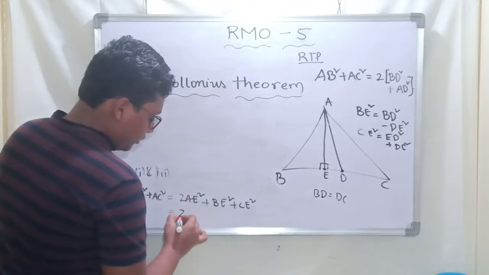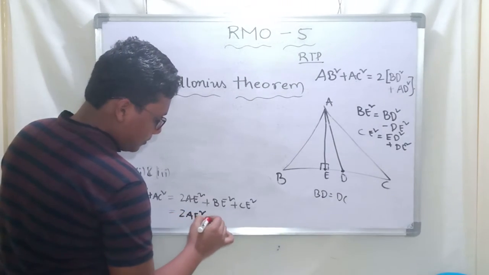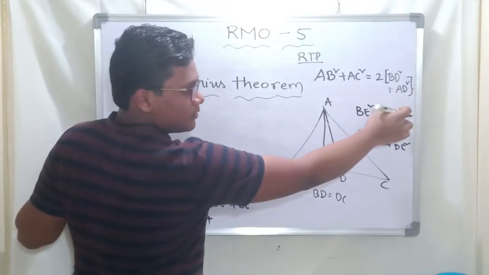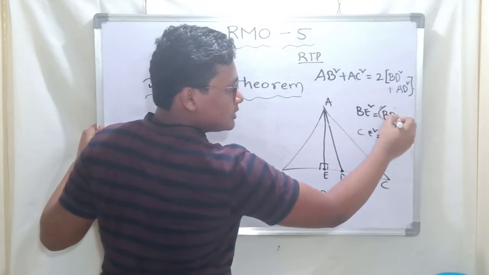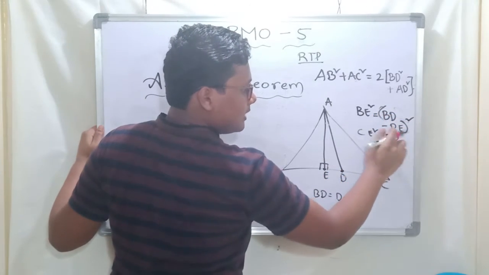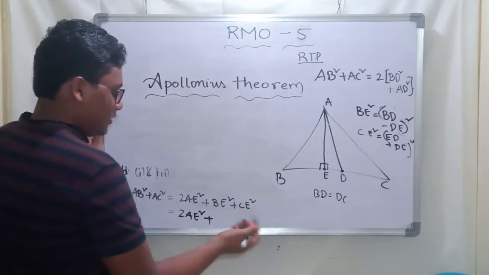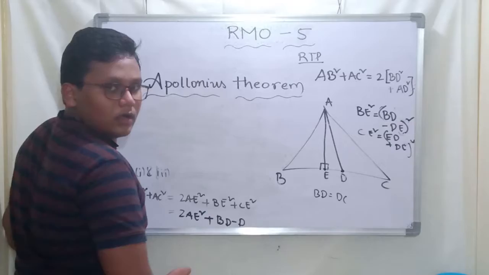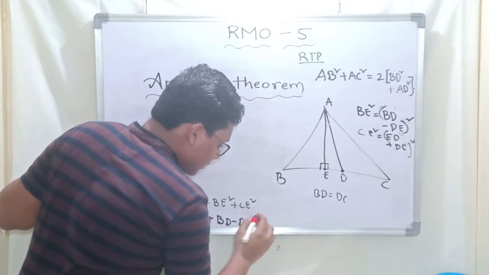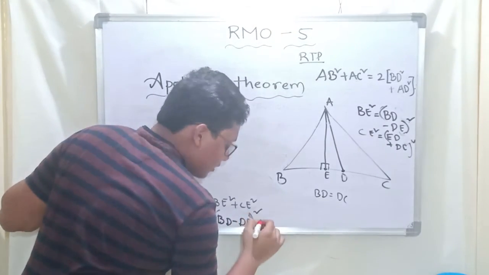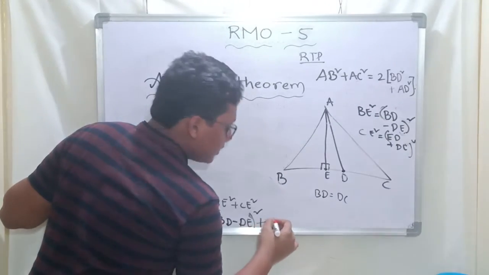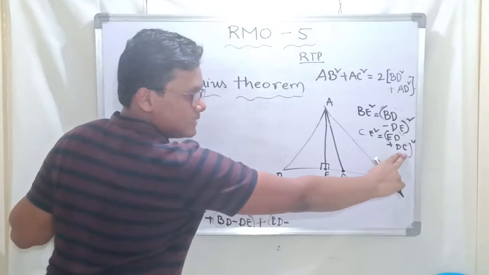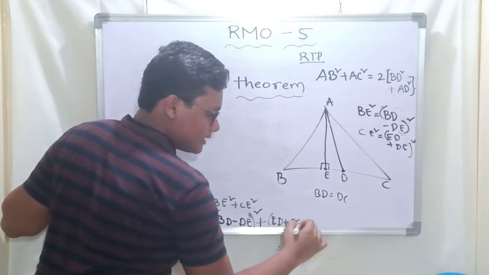So 2AE square plus (BD minus DE) whole square plus (ED plus DC) whole square. Sorry for that small mistake.